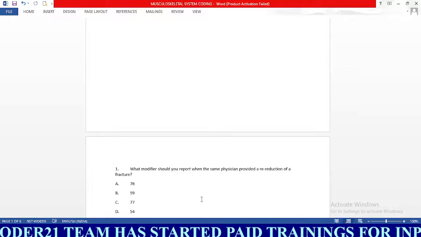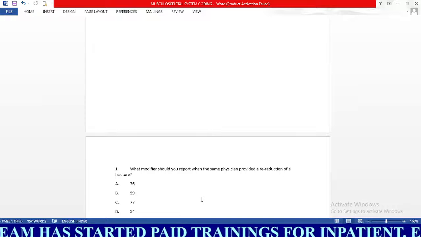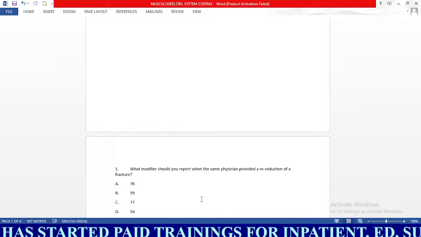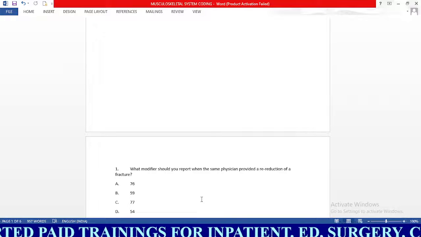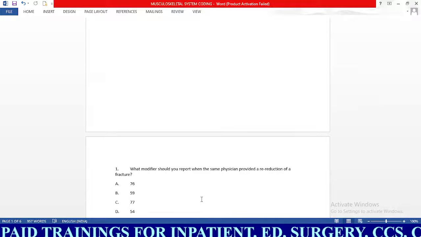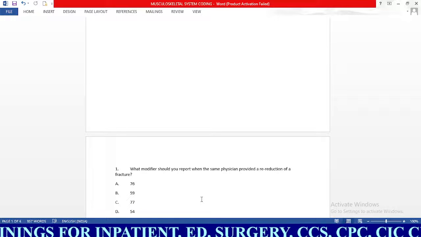So here if you see our document, what modifier should you report when the same physician provided a re-reduction of a fracture? So here we need to use the 76 modifier based on the modifier description, as these services are provided by the same physician.